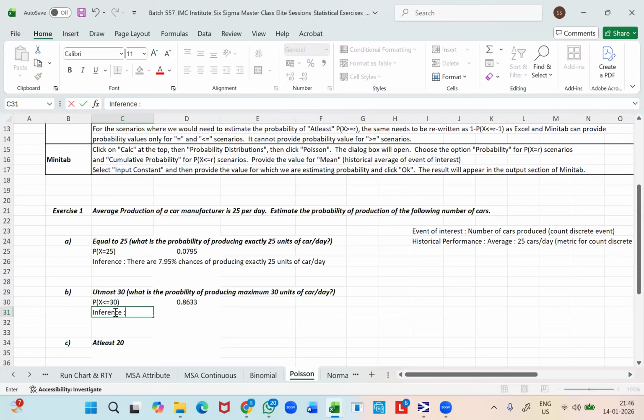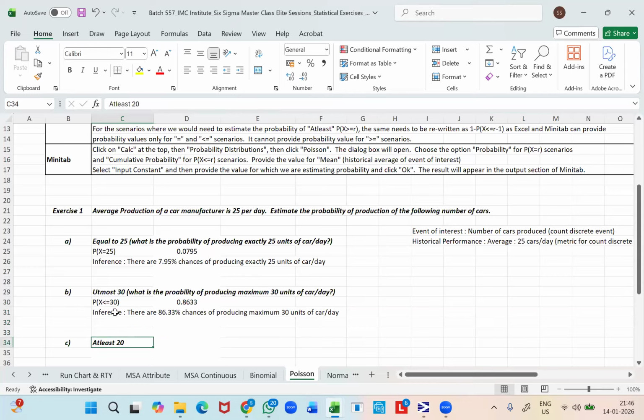The inference will be: there are 86.33% chances of producing maximum 30 units of car per day.